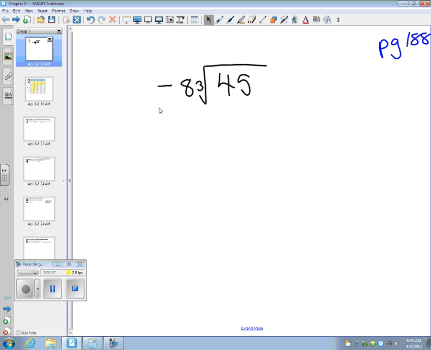Within that, there's a couple of different terms. The number in front, this -8, is called the coefficient. This tells you it's cube root or square root, and if there's nothing here, you assume it's square root. That's called the index. This is the radical sign, that little house is the radical sign.